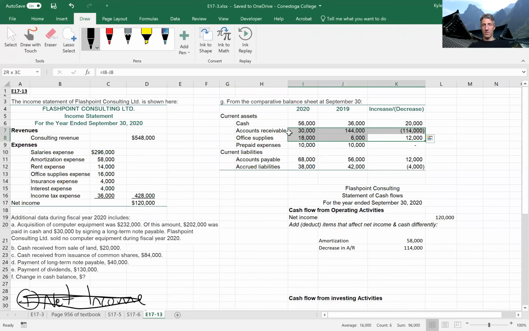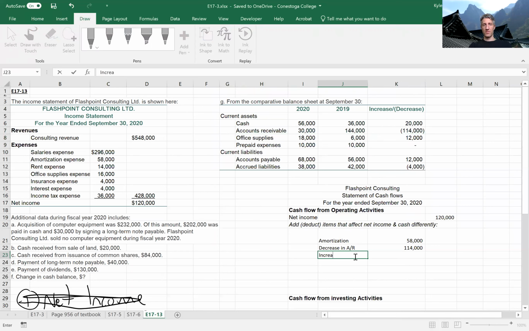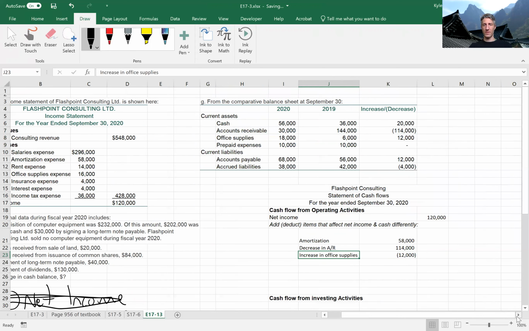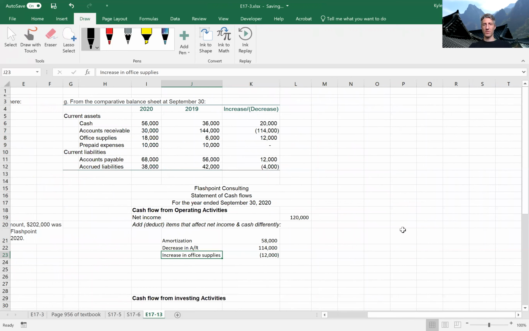Next is office supplies. So there was an increase here of office supplies. This time, however, there's going to be a negative impact to cash. Cash is going to go down. So how could that possibly be? Let's just think about this for a second.